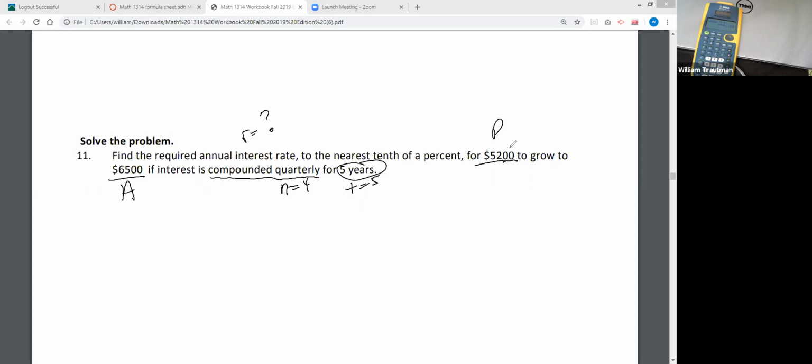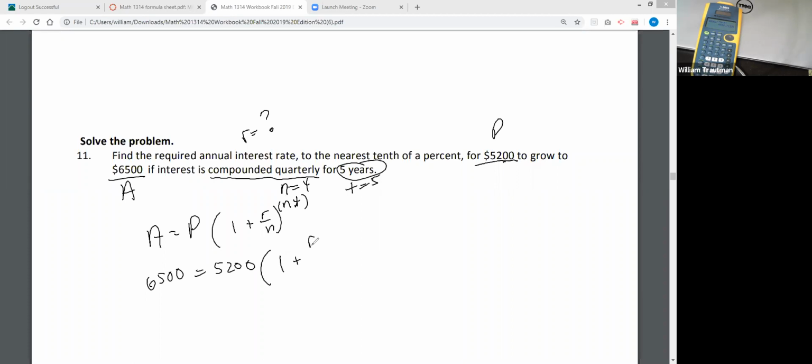So if you look at any one of those formulas, we're using compounded. I'm going to use the future value. A equals P. By the way, you could use either one of these, but I'm going to use A equals P(1 plus R over N) to the NT power. And I'm going to fill in everything I know. We know A is 6,500. P is 5,200.